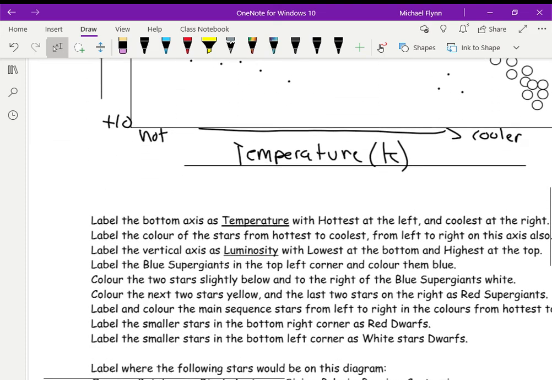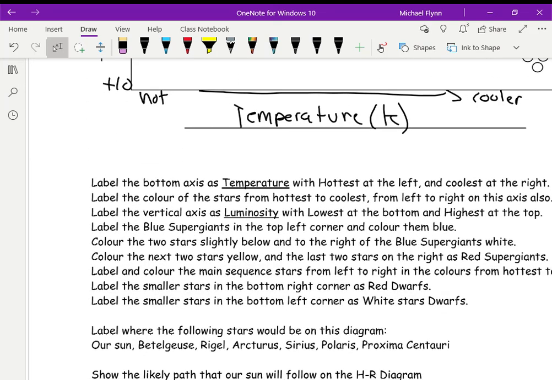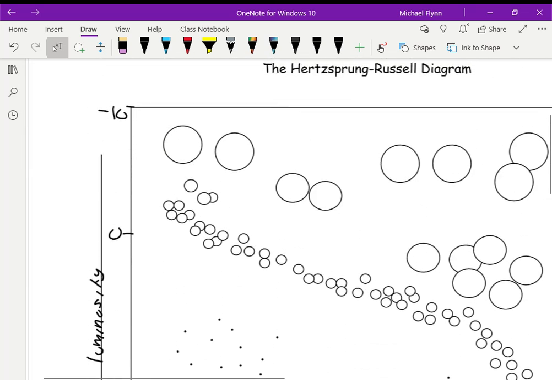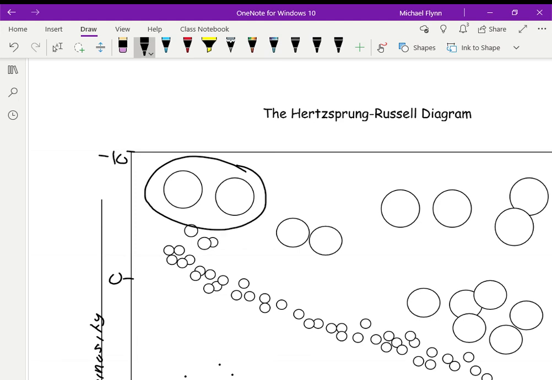Now they want you to color some of the stars in. It says to label the blue supergiants in the top left corner, and then color them blue. So that's the blue supergiants right there. Please go ahead and finish this diagram.